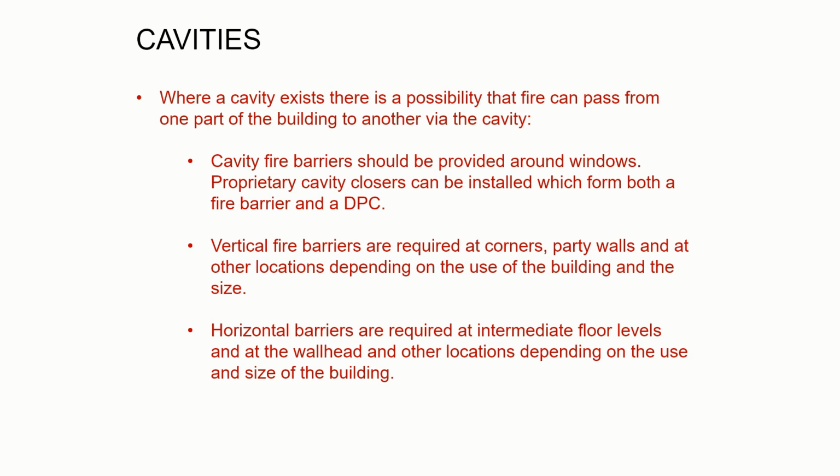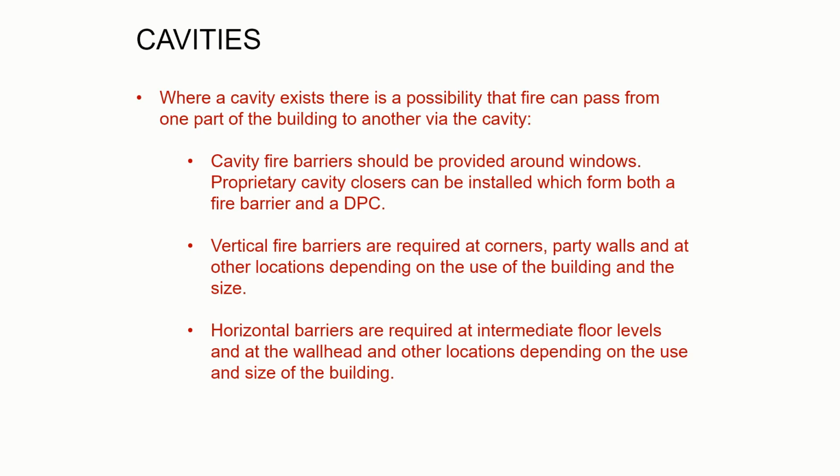But because we've got a cavity, there are some issues with fire within a cavity. If you imagine a house that has a number of different rooms at ground floor level, clad with brickwork, and there's a fire in one of the downstairs rooms, it's possible for that fire to break the bond round the window, and if there was nothing to stop it, it would get into that cavity.